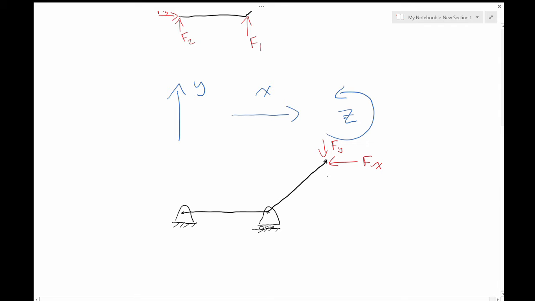You can kind of perhaps visualize that this pin isn't going to be able to provide a reaction force in the x direction because it can just roll back and forth, right? If you push it, there's nothing preventing it from going back and forth. Whereas the one that's directly connected to the ground, it's going to be able to provide a reaction force in the x direction, right? So this one here gets a force there in the x direction.